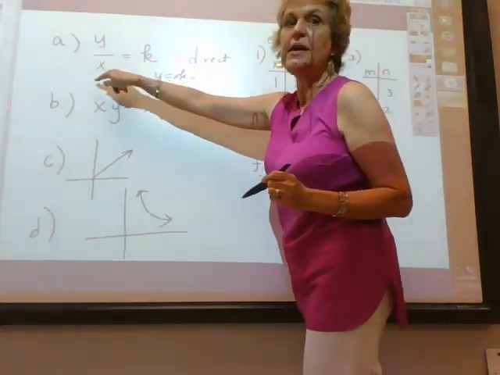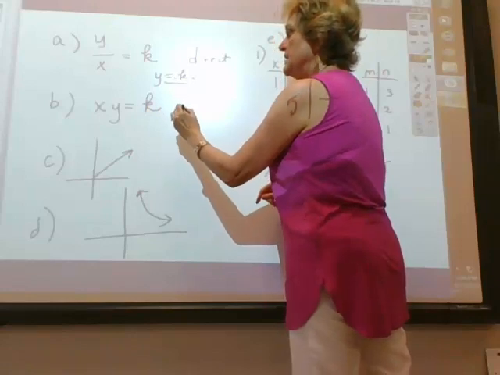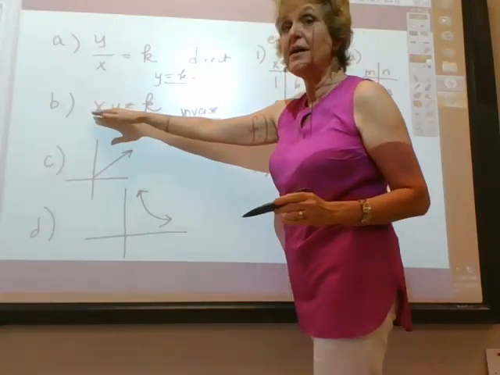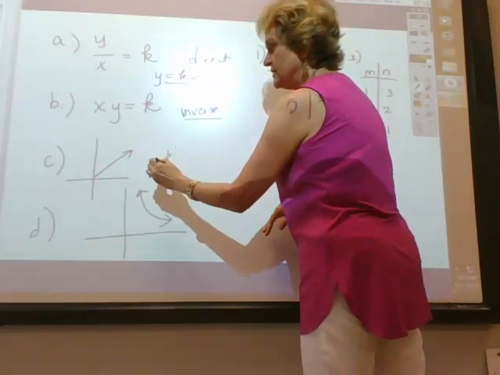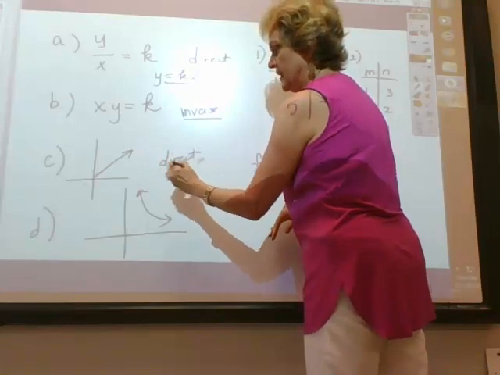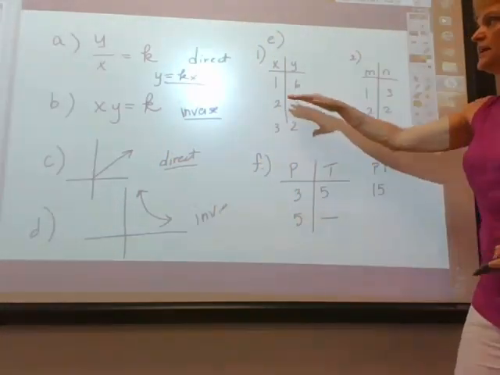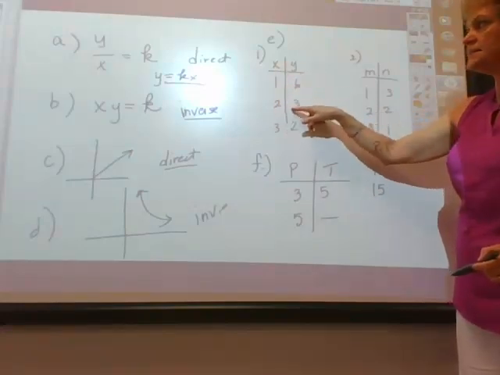This one, however, is inverse variation, x times y. The products are constant. This is linear, so it's direct. This is inverse. All right, in this one, my x times y is 6, 6, 6.